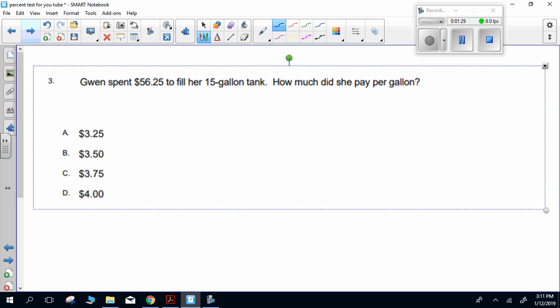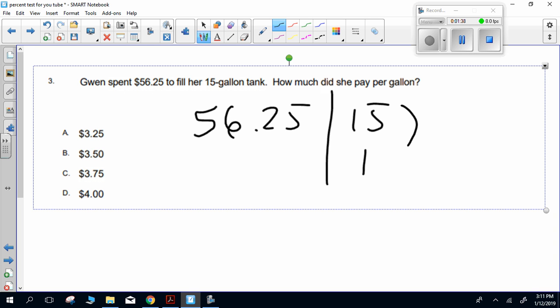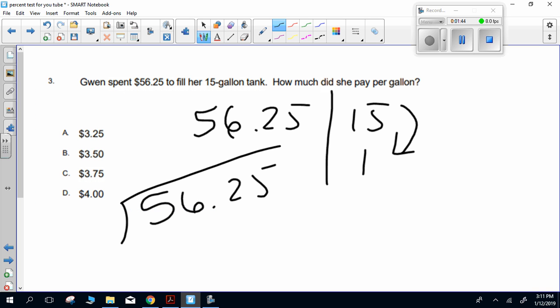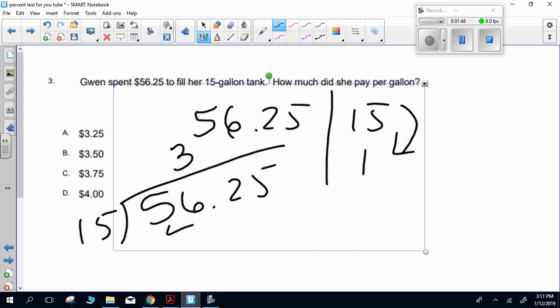Gwen spent $56.25 to fill her gas tank, which holds 15 gallons. How much did she pay per gallon? So once again, I'm going to be doing division. So 56.25 divided by 15. 15 goes into 56 3 times, which is 45. Subtract, I get 11.